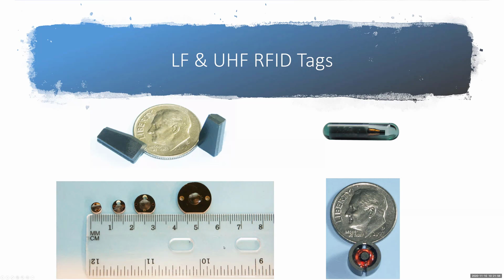The UHF tags shown here on the left side of the page with the ruler have a higher bandwidth of 915 megahertz, and mounted into metal, these small tags achieve a read distance of 3 to 6 inches, depending upon the depth of mounting and any surface area around it, all the way into feet. But because CNC machines are very precise and controlled, typically you want to read one tag at a time.